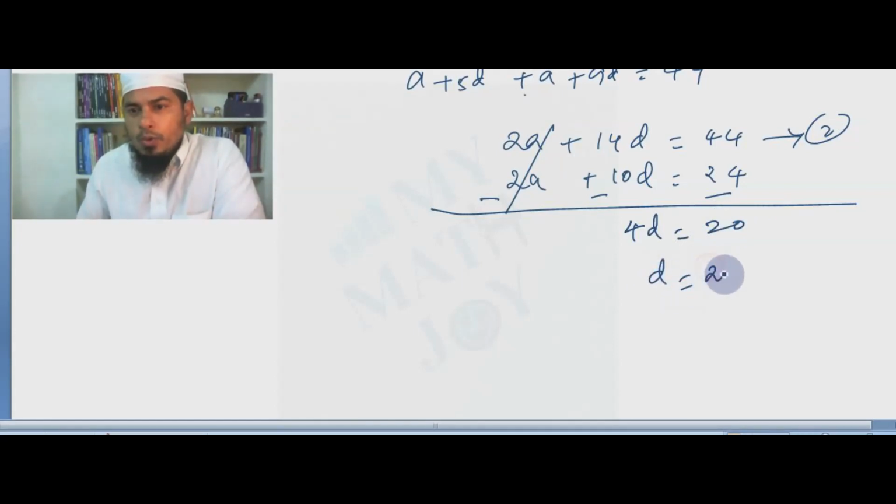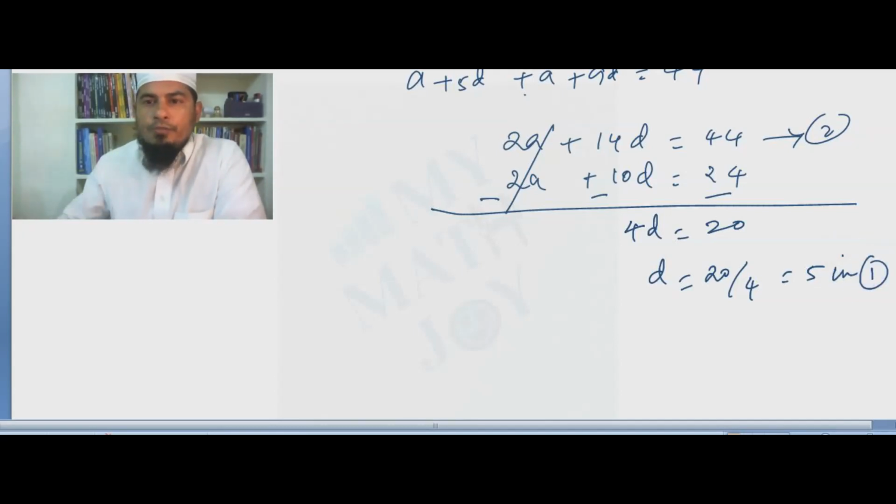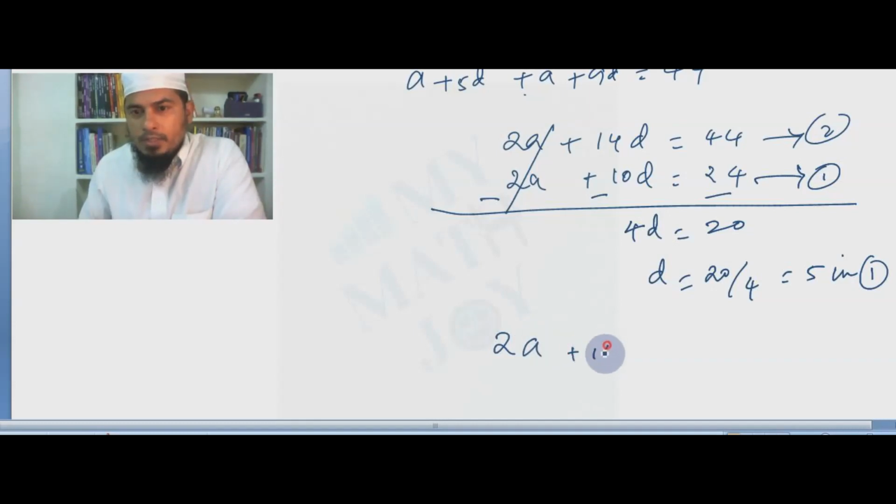D is my 20 divided by 4, which equals 5. In equation number 1 or 2, your wish, to get the answer. So this is my equation 1: 2 times A plus 10 times D is 24.